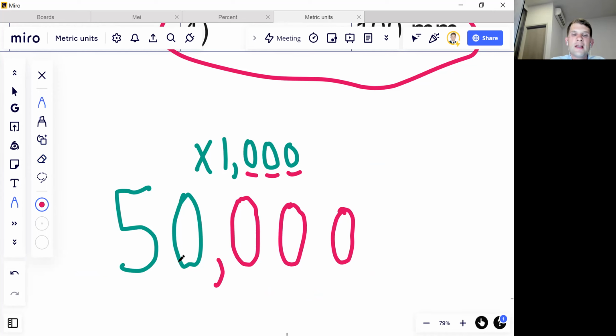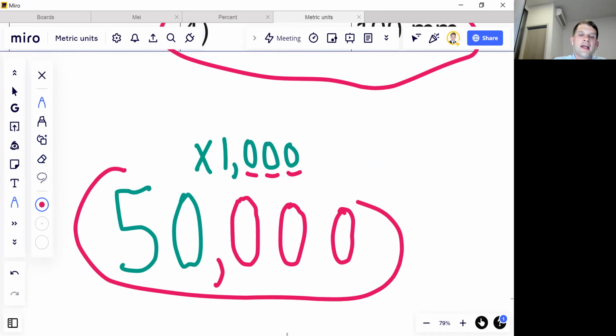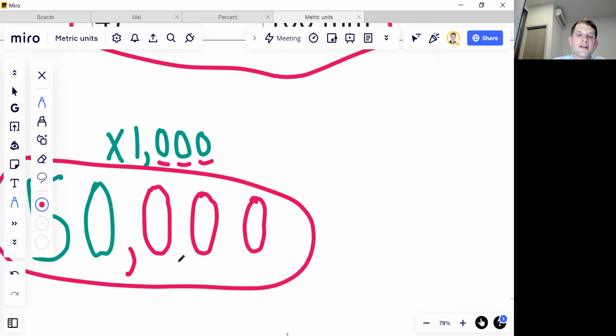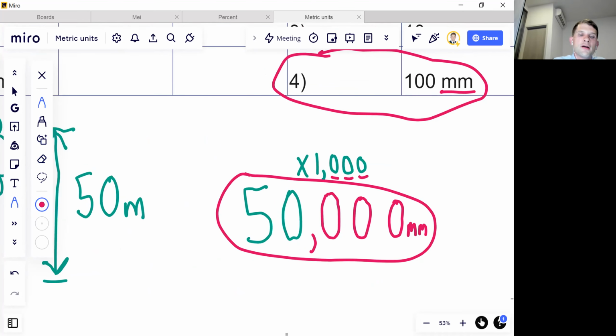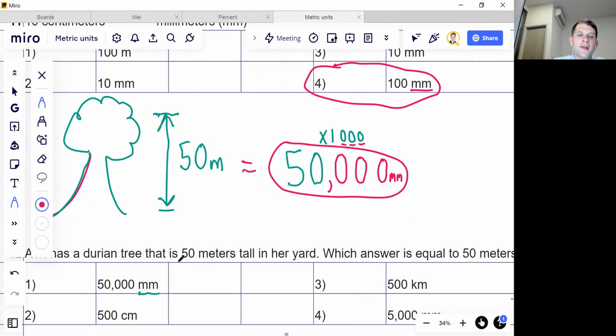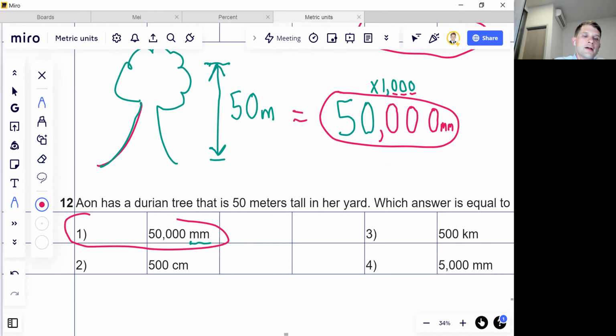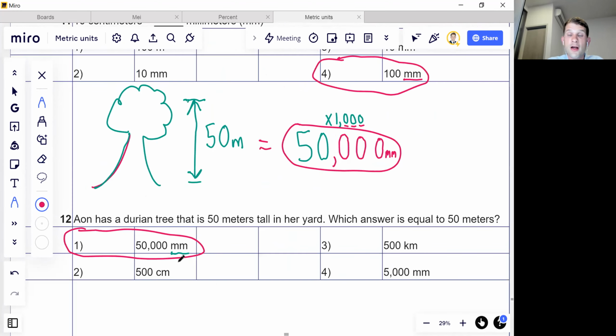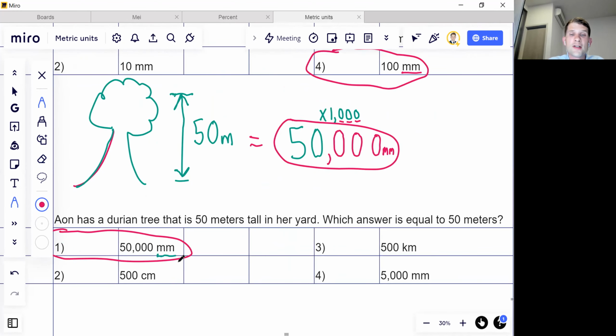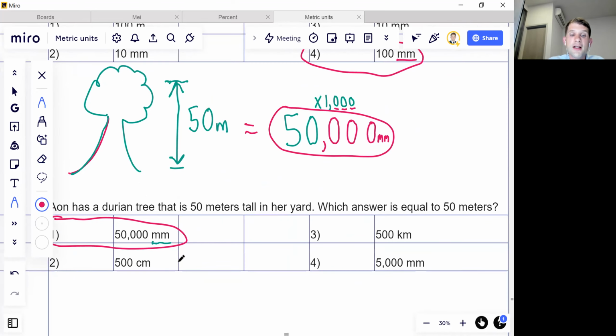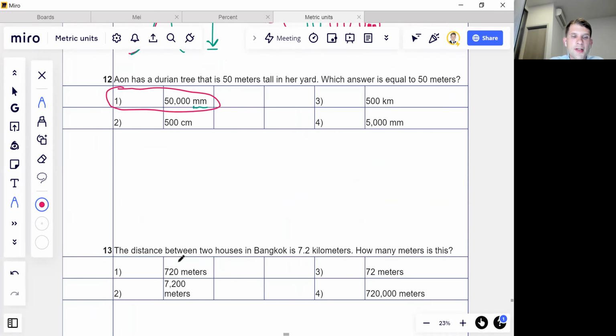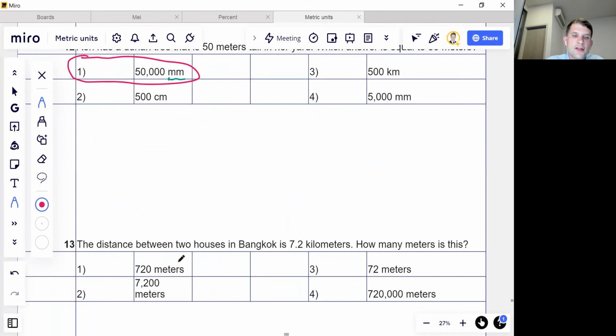So that's going to be 50,000 for our answer for millimeters. Okay, so that's 50,000 millimeters. And that matches up with the option number 1 there, so that works out. All right, so it's 50,000 millimeters. So for that one, you need to find the option that is equal to 50 meters. Okay. Next one, number 13 says, the distance between two houses in Bangkok is 7.2 kilometers.